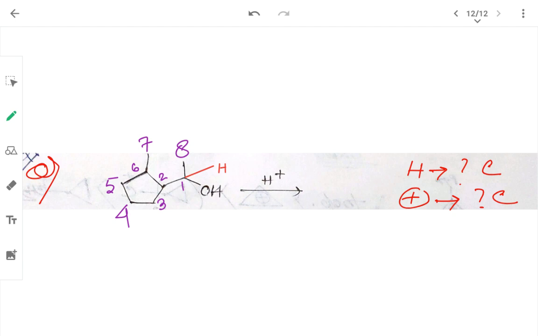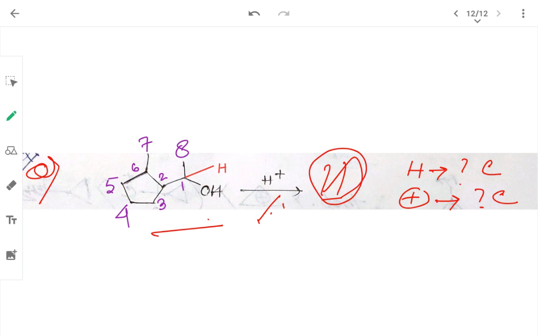Now, in this question, there is a molecule. In this medium, there is acid medium, H plus. With the reaction of this H plus, they form a product. But we do not know what product is formed.